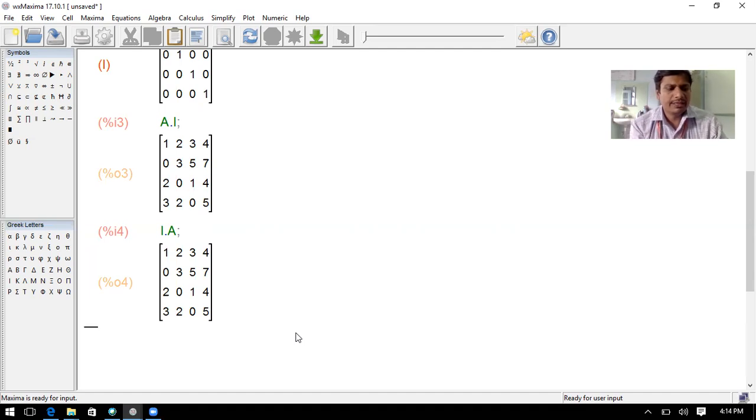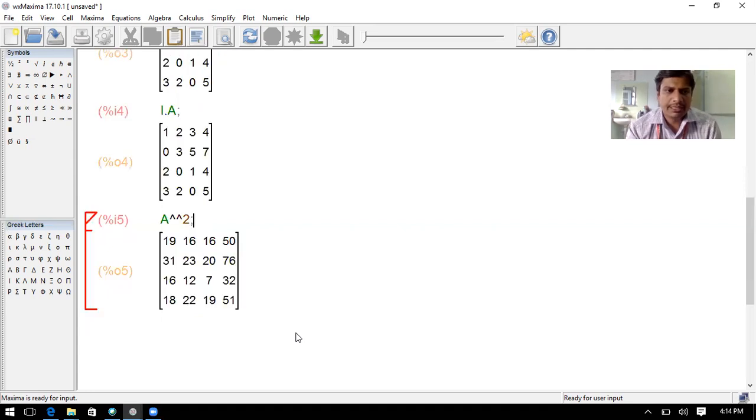Next go to here, that is A square. A square means, you know this one, A cap of 2. A cap of 2, semicolon, shift enter. That is the A square value: 19, 16, 16, 50, 31, 23, 20, 76, 16, 12, 7, 32, 18, 22, 19 and 51. This is the A square value.